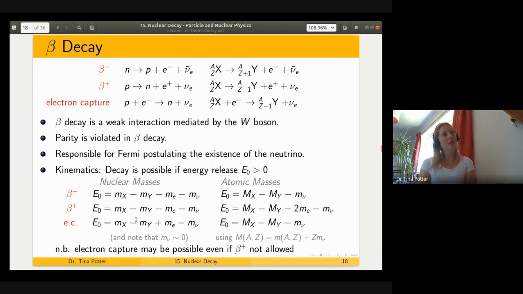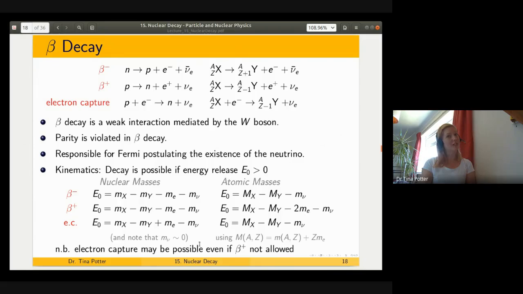And then for electron capture, for the nuclear mass, we're adding an electron. We're not kicking something out, we're adding an electron here. It's similar for the atomic mass change as well. We're adding an electron. We're changing a proton into a neutron in that way. So there's no overall change in the electrons for the total atom.